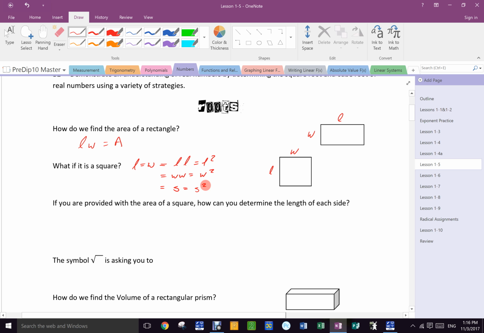All right. So, if you are provided with the area of a square, how can you determine the side length? Well, area equals, as we just found out, S squared, right? So that's algebra. What do you got to do? Square root.